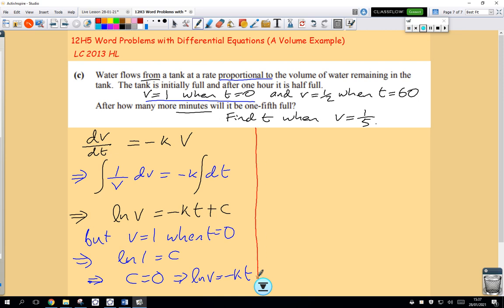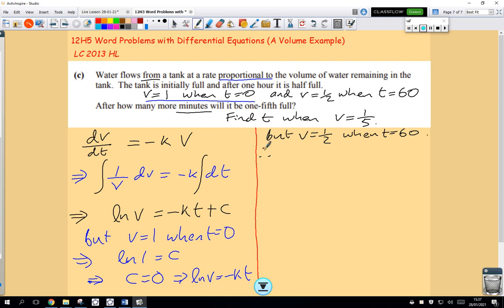That's the first part. I want to think about this constant of proportion. The second piece of information, in my conditions here, says that the volume is equal to 1/2 of a tank when the time is equal to 60. So I can substitute these things in.